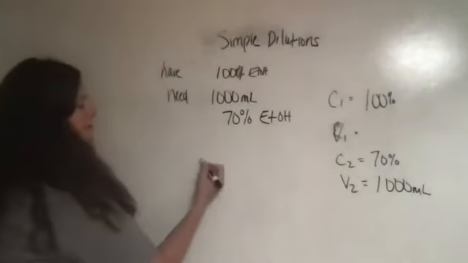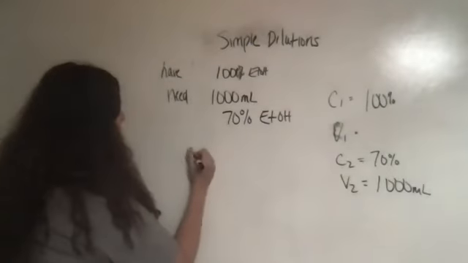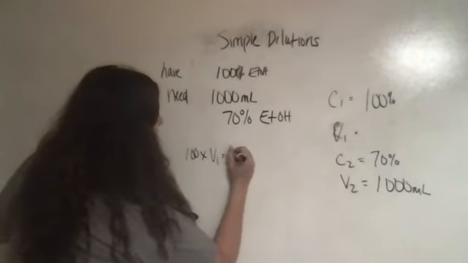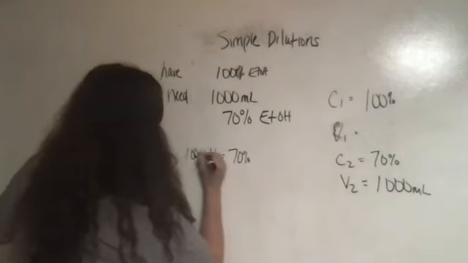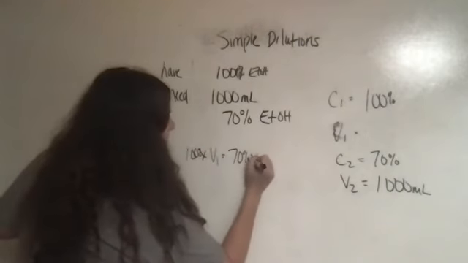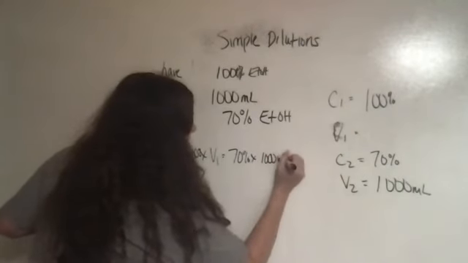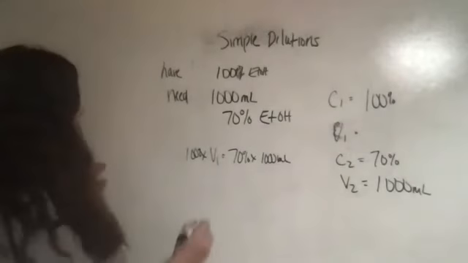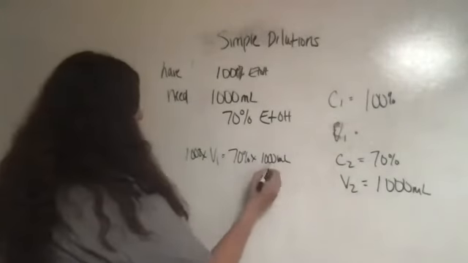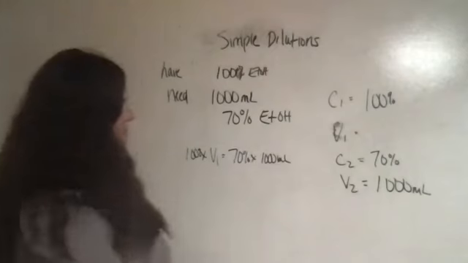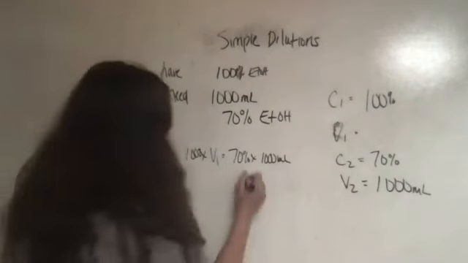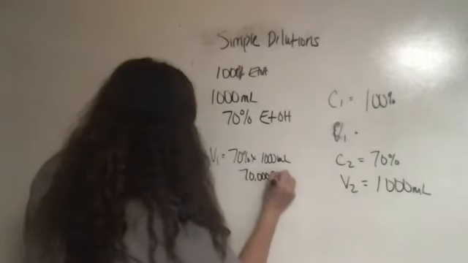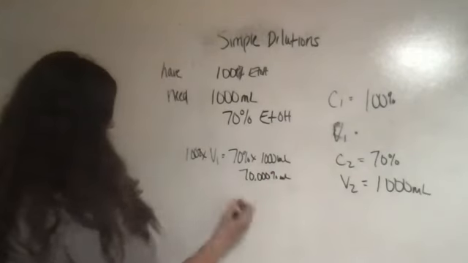Okay, so we're going to do the math. We have 100 times V1 equals 70%, times 1,000 milliliters. Do you agree with that? So we multiply 70 times 1,000, that is 70,000 milliliters.